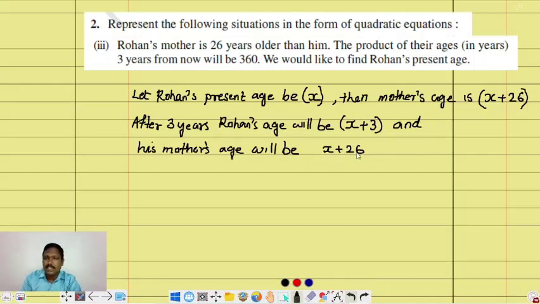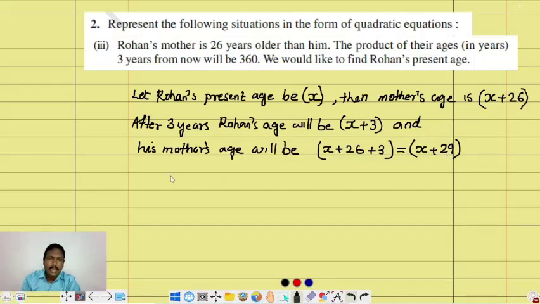Then after 3 years means plus 3. So X plus 26 plus 3 is equal to X plus 29. So after 3 years, Rohan's age will be X plus 3 years and his mother's age will be X plus 29 years. Now this product is 360.